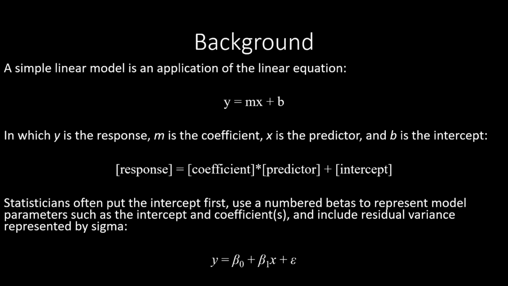So statistically, the simple linear model looks like y equals beta naught, this is at the bottom of the screen, plus beta 1 times x. If you had multiple predictors, you could list them here, like plus beta 2 times x2, plus beta 3 times x3. But in this case, we only have one predictor, so beta 1 times x, plus the residual variance, sigma.